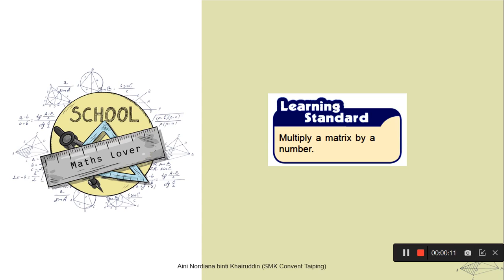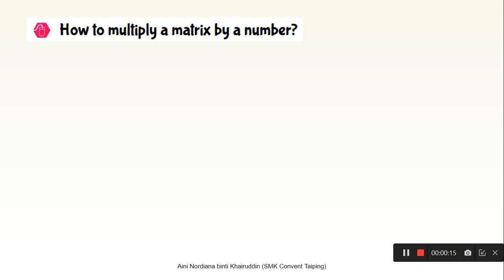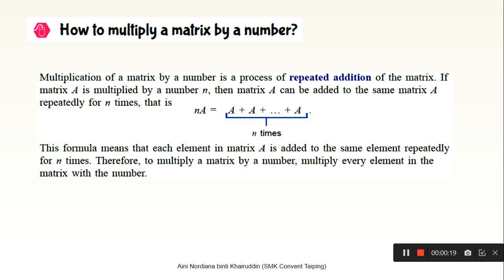So our learning standard for today: multiply a matrix by a number. So how to multiply a matrix by a number? Multiplication of a matrix by a number is a process of repeated addition of the matrix. If matrix A is multiplied by a number n, then matrix A can be added to the same matrix A repeatedly for n times.